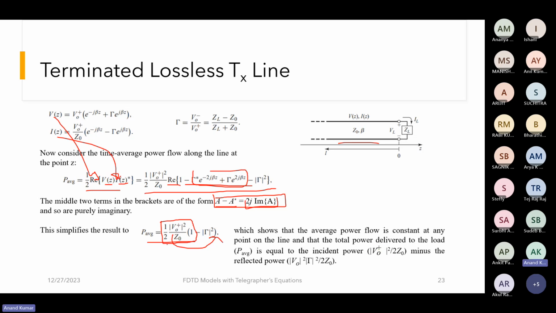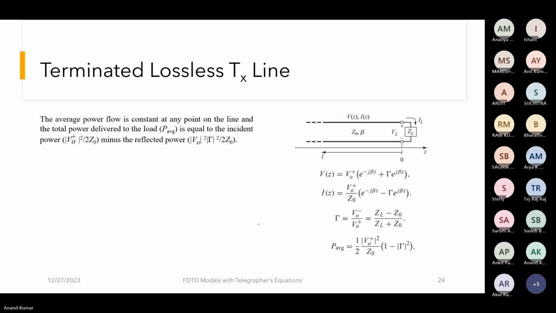So this is the incident power, and the reflected power is mod of V naught plus square into gamma square divided by 2 Z naught. So this is the reflected power, and the total power is basically the incident power minus the reflected power.